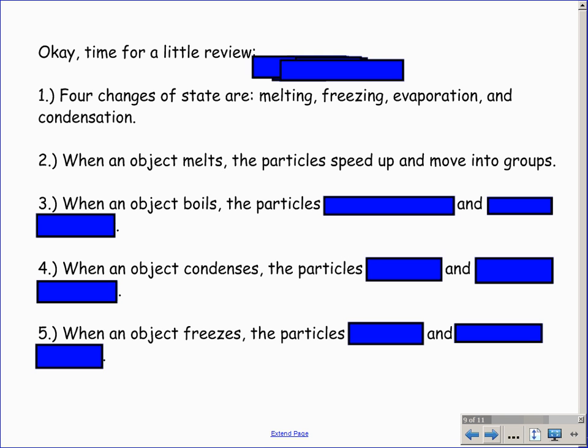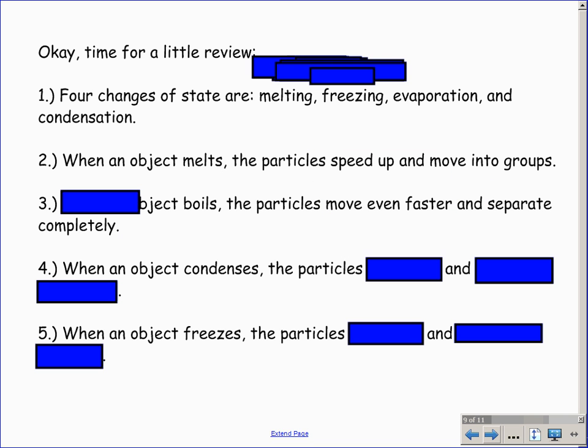When an object boils, the particles move even faster and separate completely. The thing to keep in mind, grade 7, is that when we're melting, they're no longer a solid chunk. They move into little clumps.